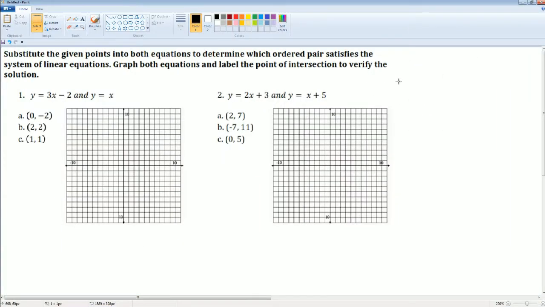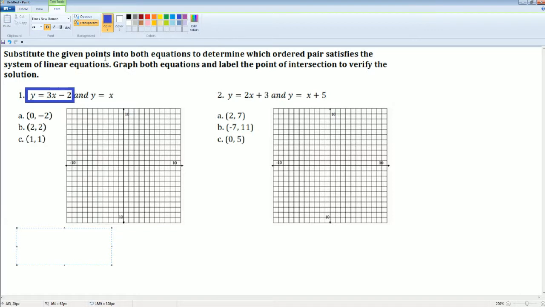Alright, so let's graph this and this, okay? I'm just going to show you that this is going to be in blue. For the blue one, the slope is equal to 3 over 1, and the y-intercept, which is b, is equal to -2, okay?